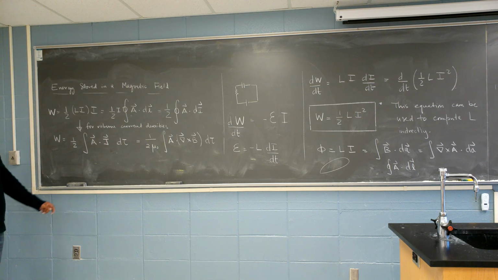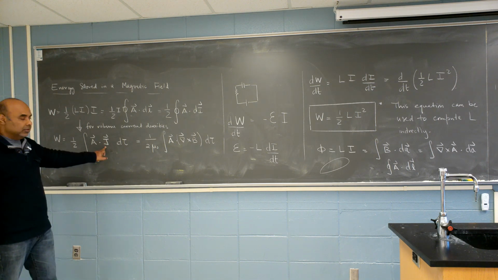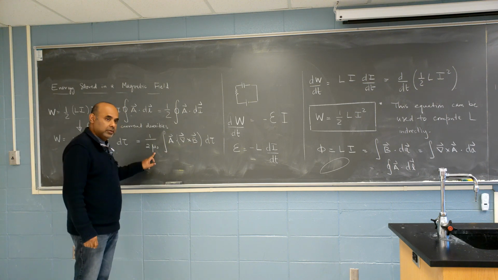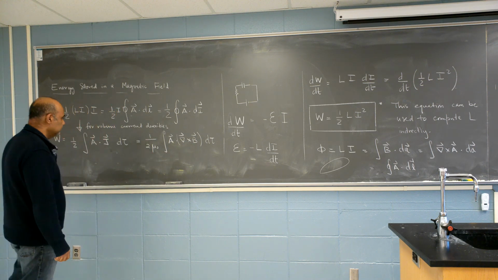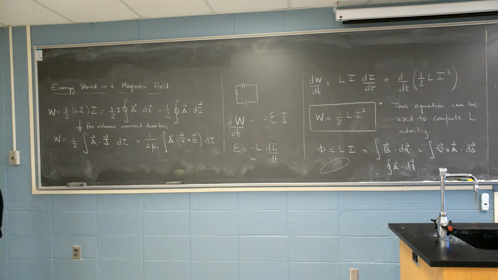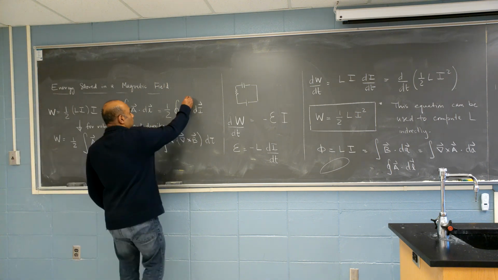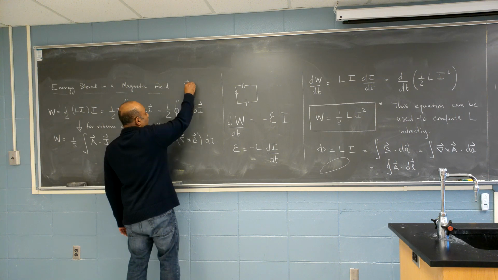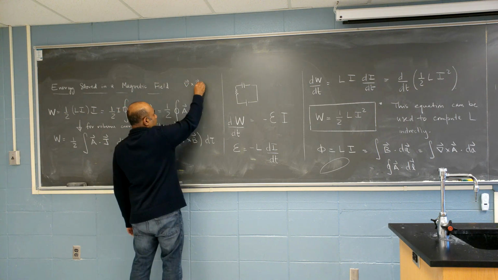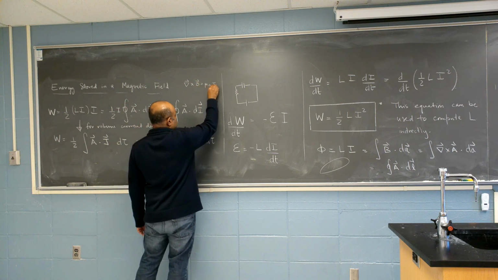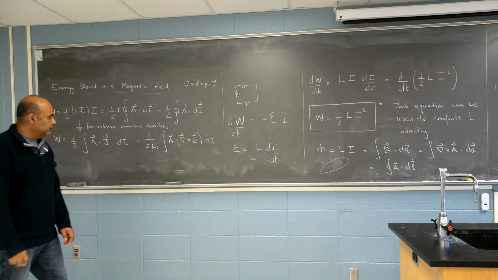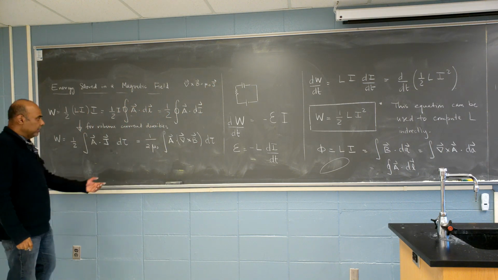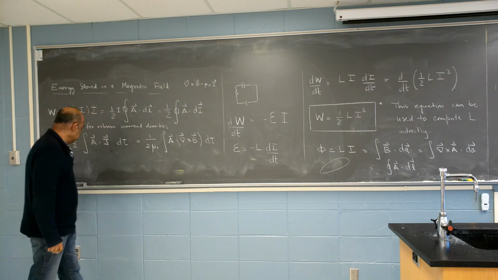What did I do? Replace J with del cross B over mu 0. So that means in this development, I'm assuming something we think we know, which is del cross B. Yeah? Okay, fine. So now I want to do a little bit of algebraic shuffle.